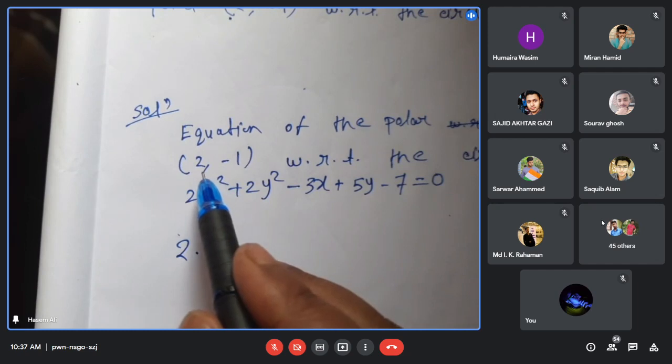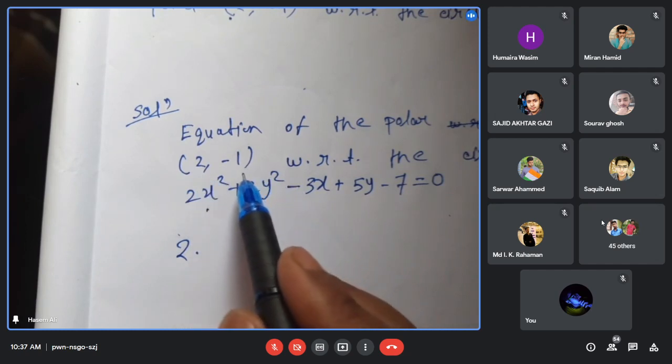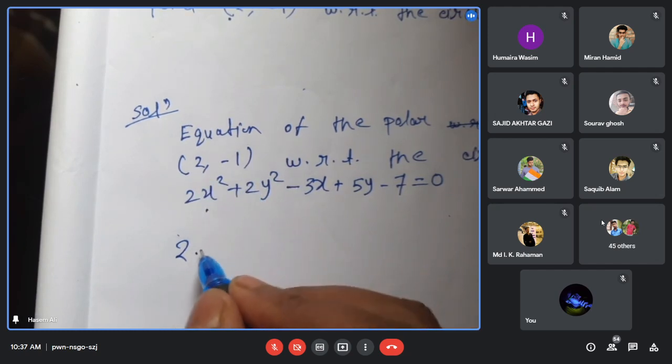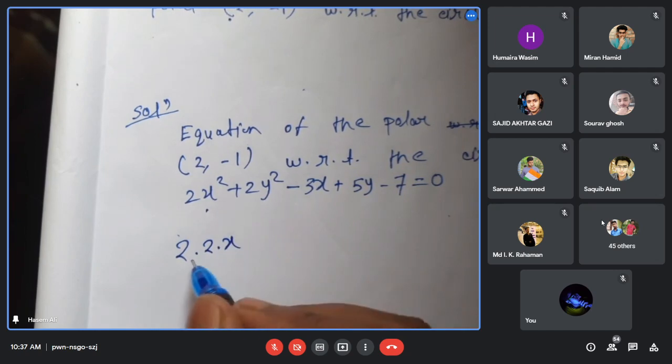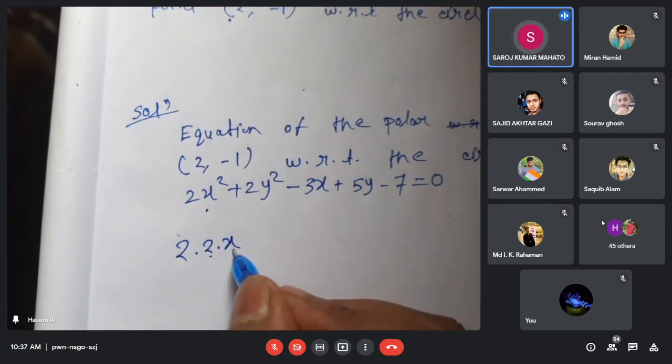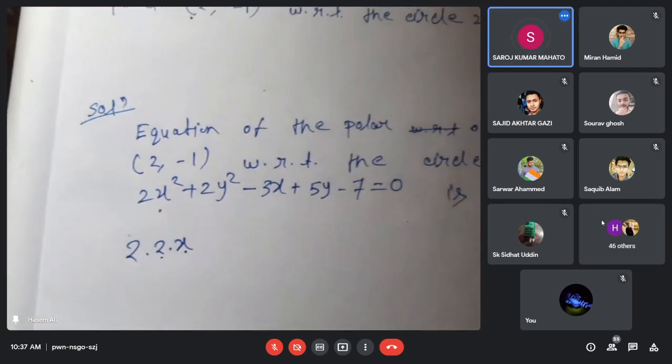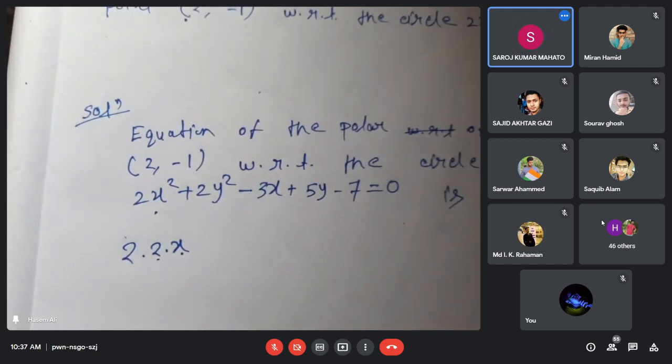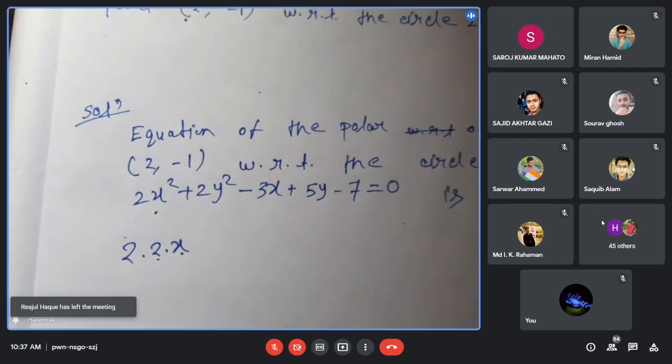Here x1 is 2 and y1 is -1. So 2 into 2x. Is it 5x + y = 25 coming? Let's see what comes, 5x + y = 25.